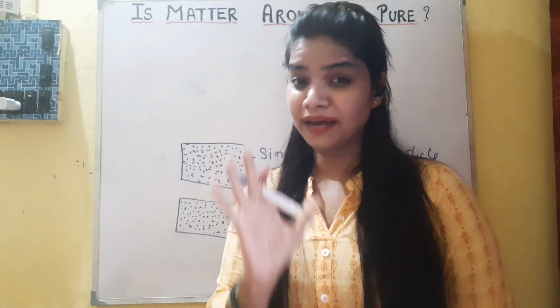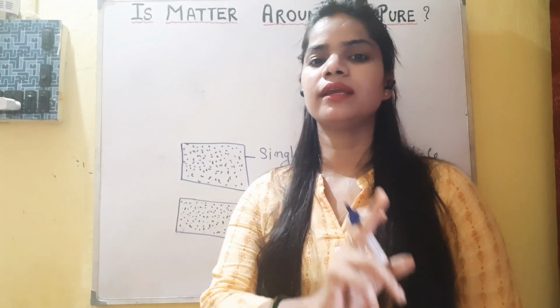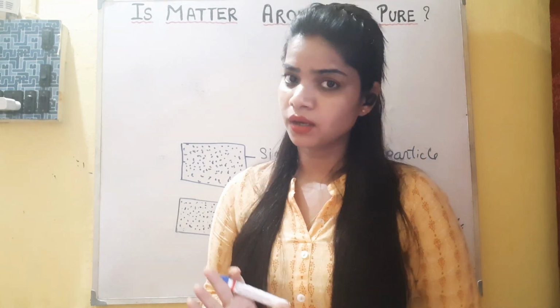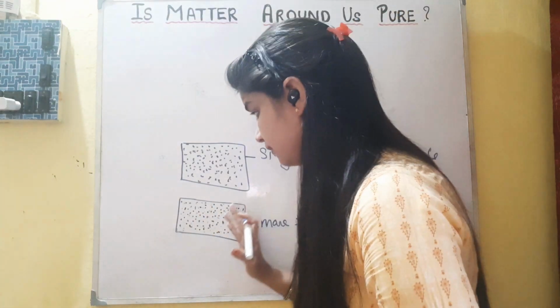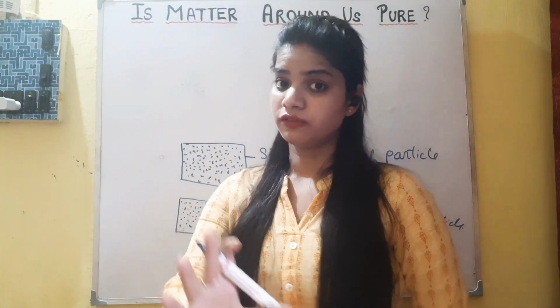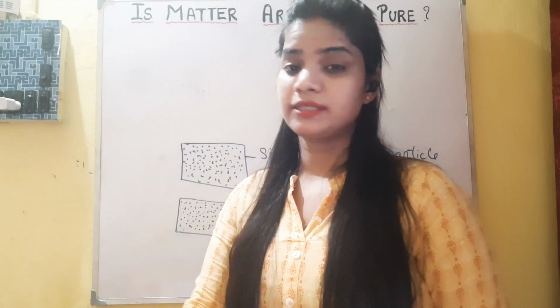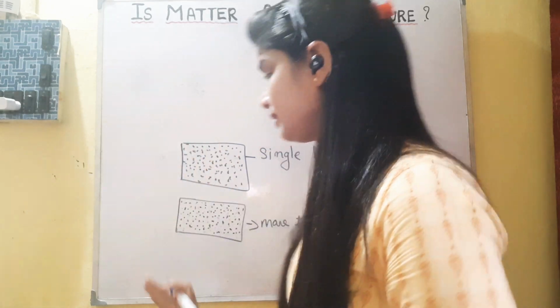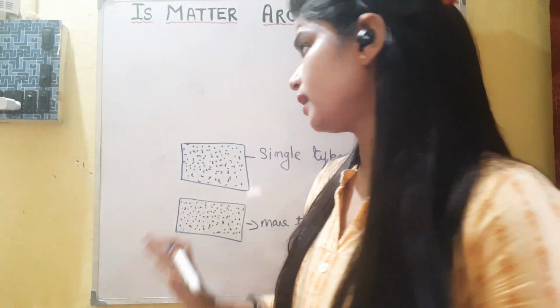that if the particles of a particular substance have the same chemical properties, only then it is known as a pure substance. And if the particles of a particular substance do not have the same chemical properties, then it is not a pure substance.